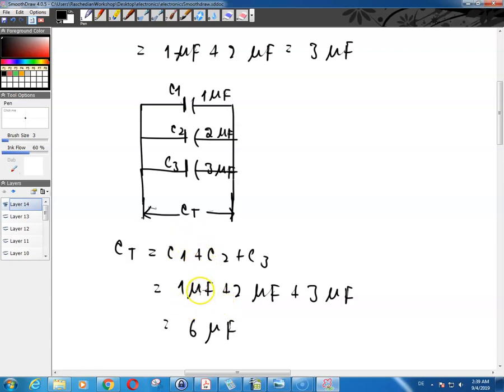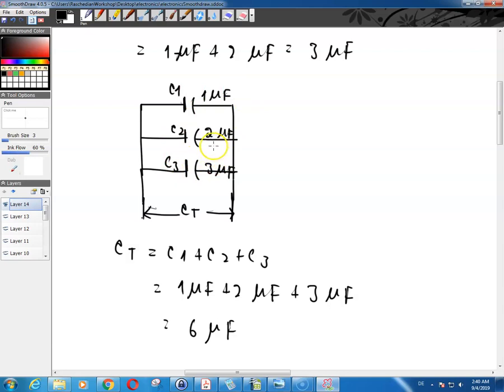So we can simply say that the total capacitance of these three parallel capacitors is found by simple addition of the capacitor values.